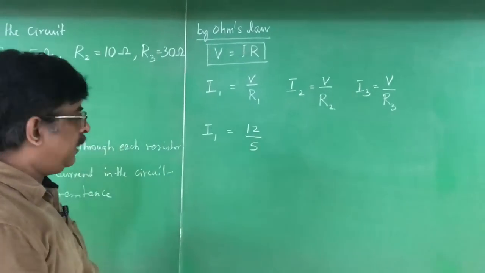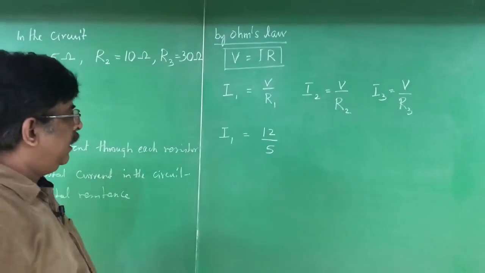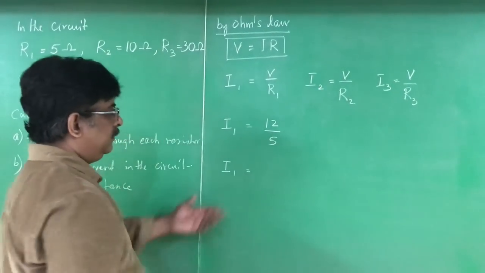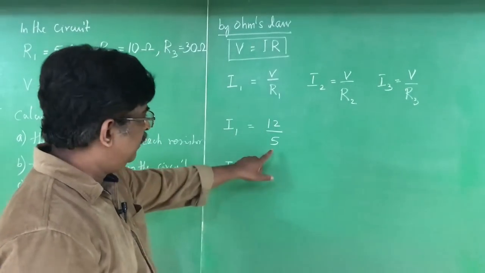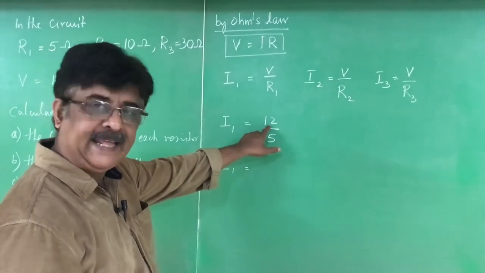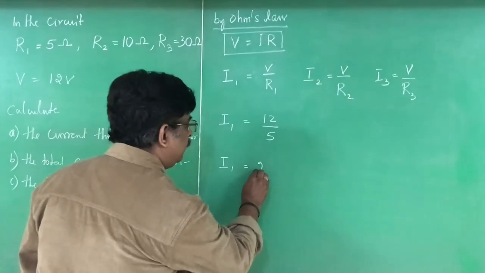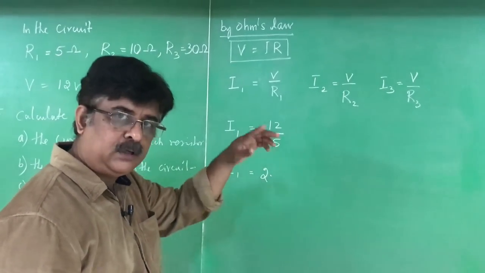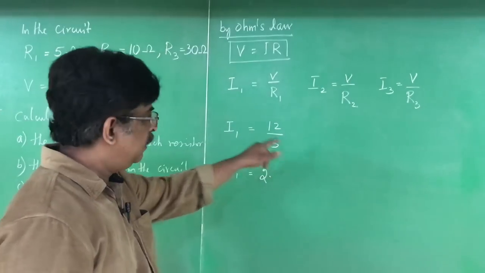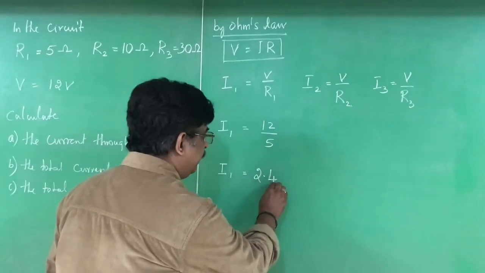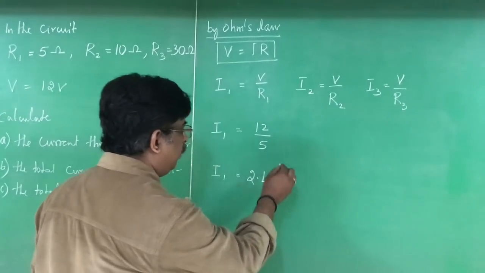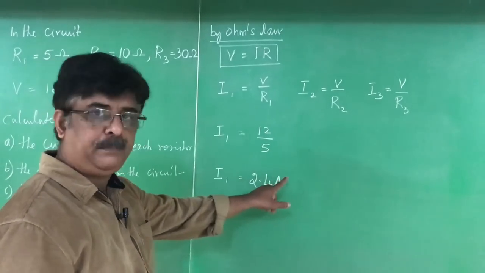Then I1 is equal to 12 divided by 5. 5 2s are 10, decimal point, 0 I put, 20, it becomes 5 4s are 20. I1 is equal to 2.4 ampere.